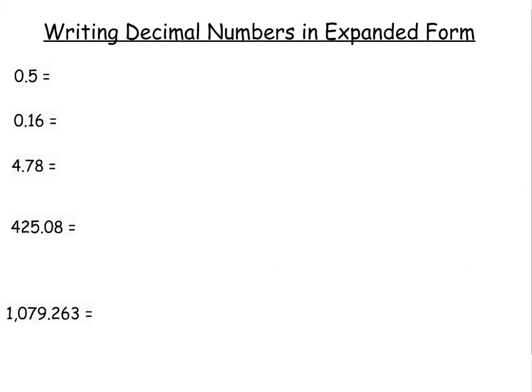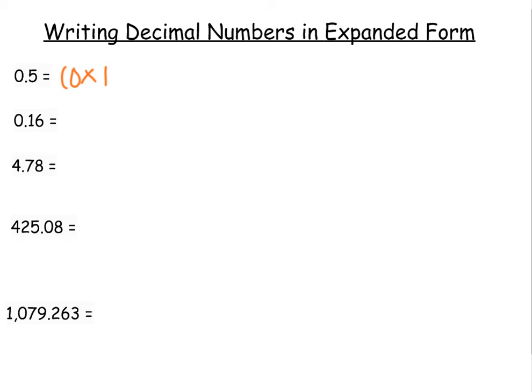Let's try a few more, writing some decimal numbers in expanded form. This is 0 and 5/10. Oops. I started a word form. That's not what I wanted. I want to do expanded form. Sorry about that. 0 is in the ones place, so we could do 0 times 1 or not.